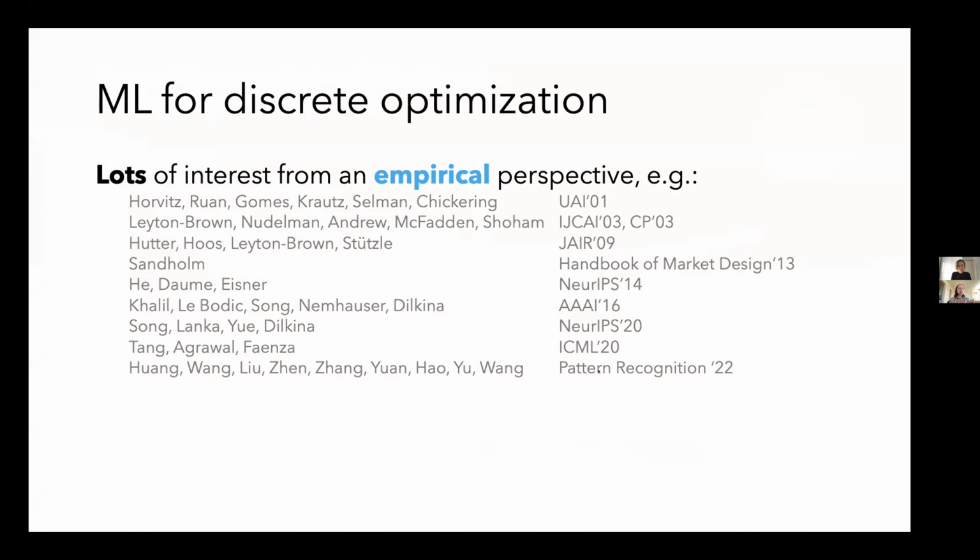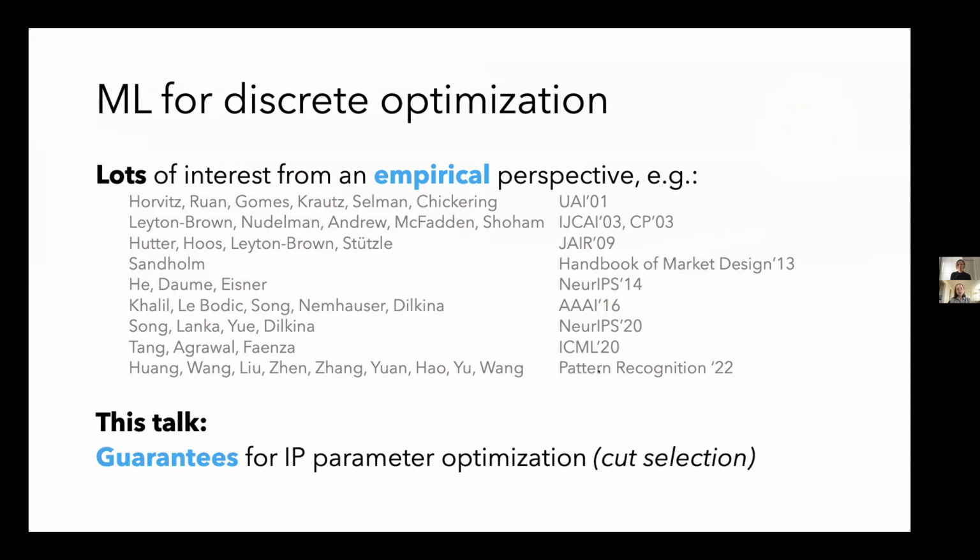So over the past 2 decades or so, there's been a lot of interest in using machine learning and data-driven techniques for these kinds of discrete optimization problems, especially from an empirical perspective. So here's just a small sample of the papers that have looked into this problem.